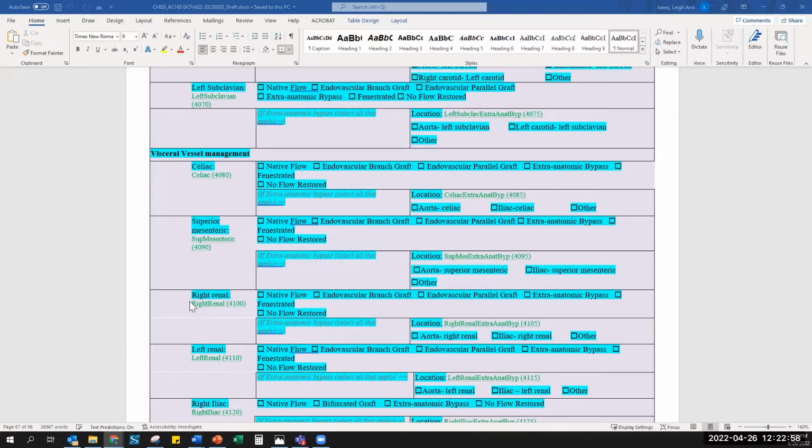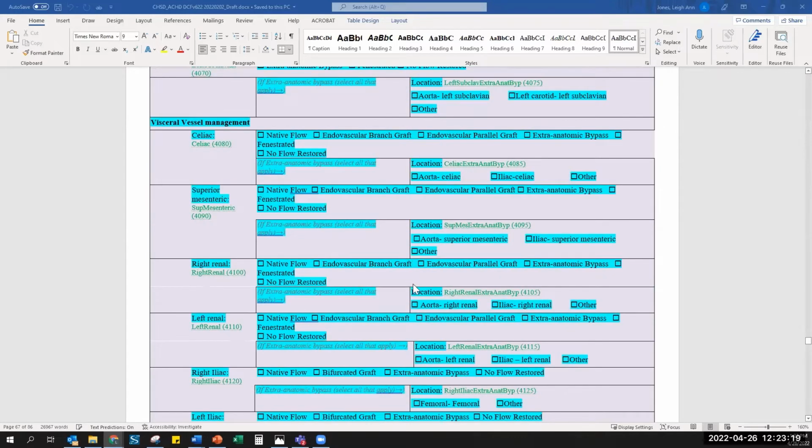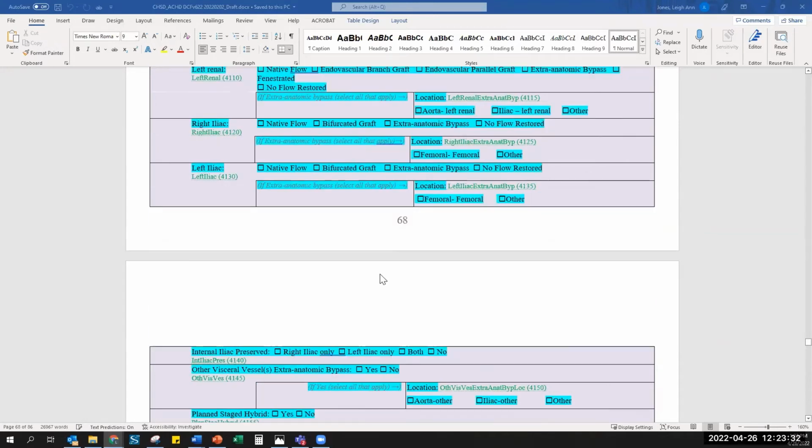So for example, if you use an extra anatomic bypass for the celiac, what was your location? Was it aorta to celiac? Was it iliac to celiac? Or was it other? And you've got a few extra questions down here, just wanting to know the type of extra anatomic bypass that was used.